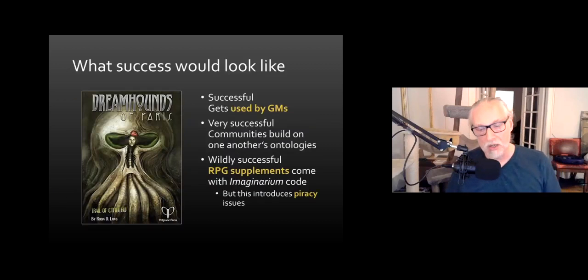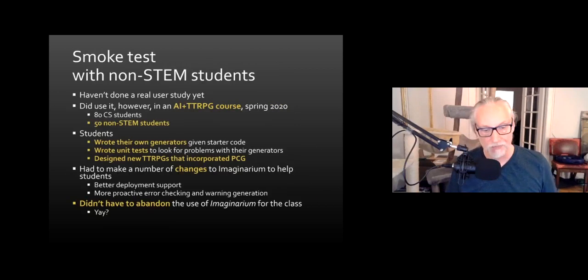So the goal here is to make something that will actually be used by people who aren't me, people who don't go to AIIDE. And so we're trying to put a lot of work in to make it usable by other people.